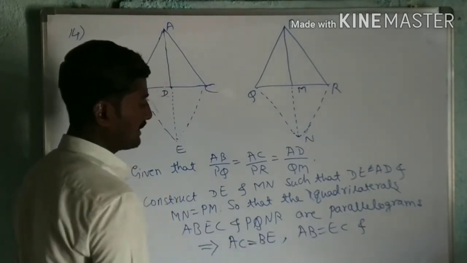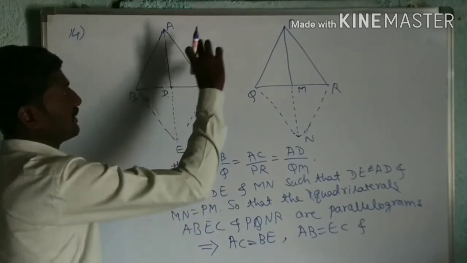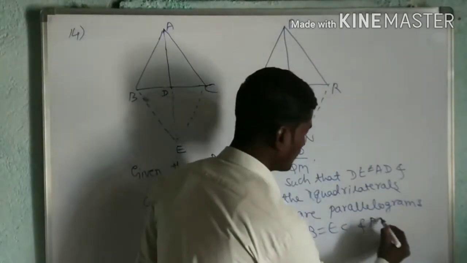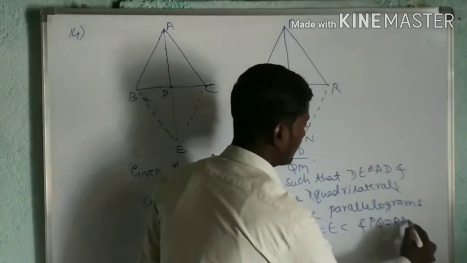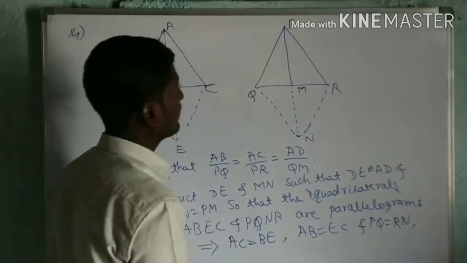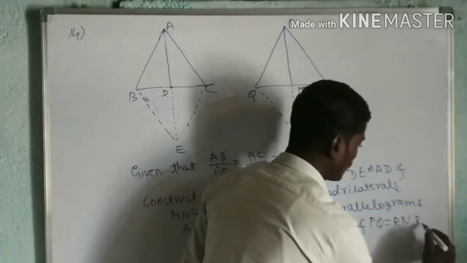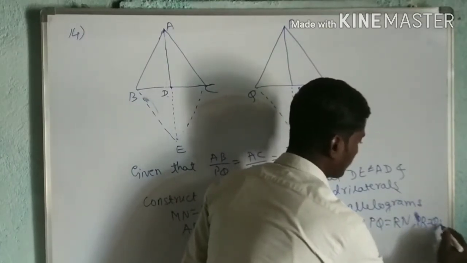AB is equal to EC. Next, PQ is equal to RN. One more is that PR is equal to QN.